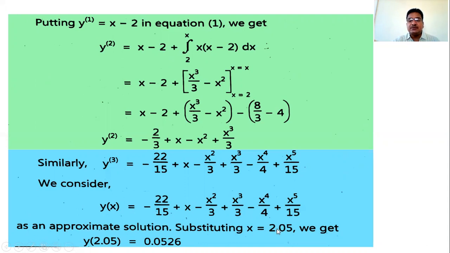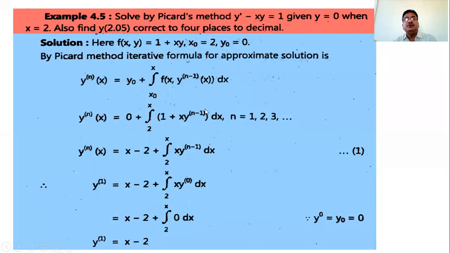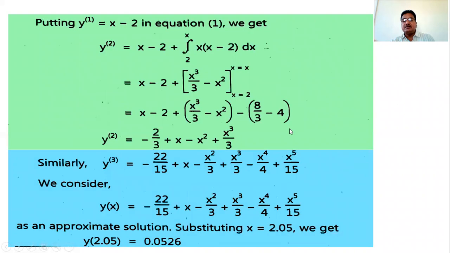Then substitute x equal to 2.05, because we have to find the value of the solution at 2.05, that is the particular solution, correct up to 4 decimal places. That is, consider the terms up to the 4th degree term.